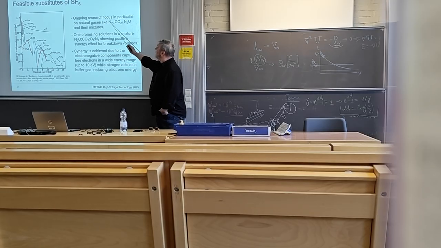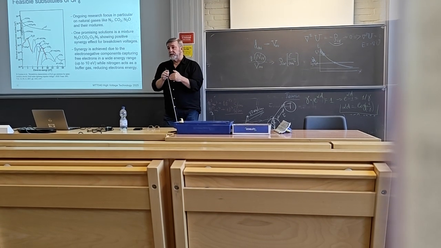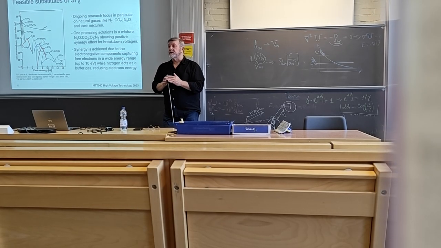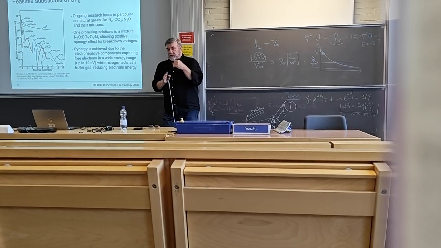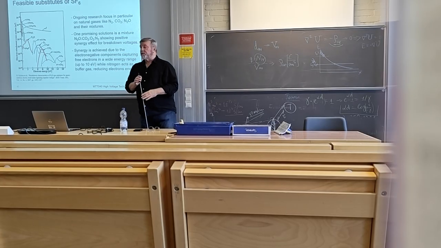Molecular nitrogen is also very efficient, because it has so many excitation levels that electrons colliding with it create excited states. Maybe it's not really good for stepwise ionization, but electrons anyway lose their energy. They have to start from the beginning after the collision to gain energy in the free path.